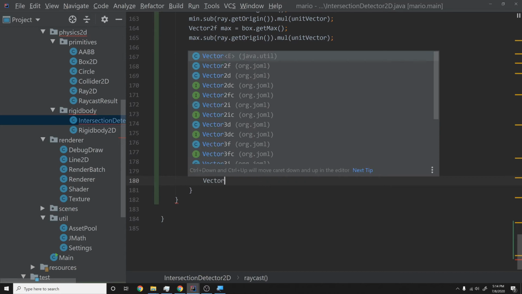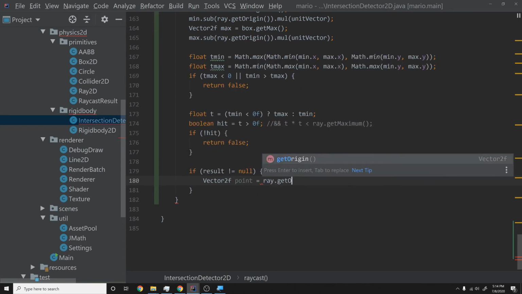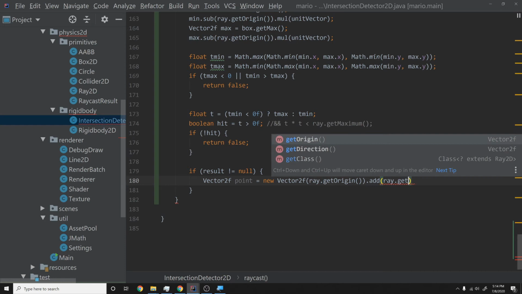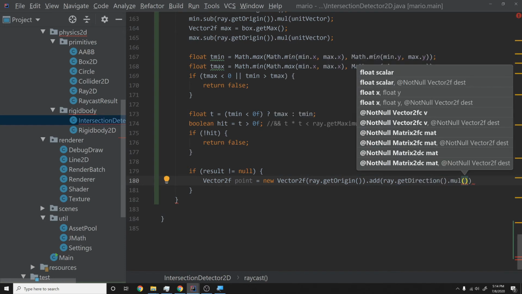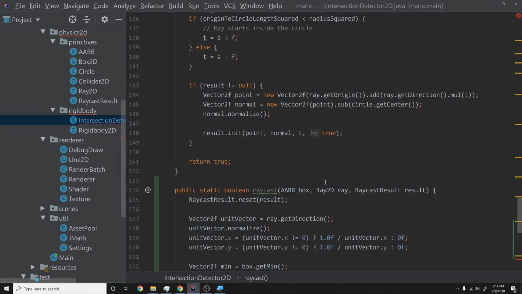So we can say Vector2f point equals, and then we'll say new Vector2f ray.getOrigin dot add ray.getDirection dot multiply by t. And technically, this should be wrapped into new Vector2f because this is modifying that value. I'm going to do that just to be safe. I think there's a couple places where I have that as unmodified too, like up here.